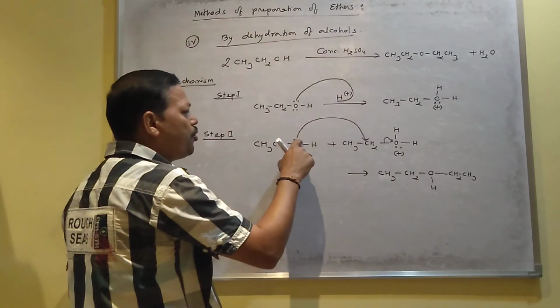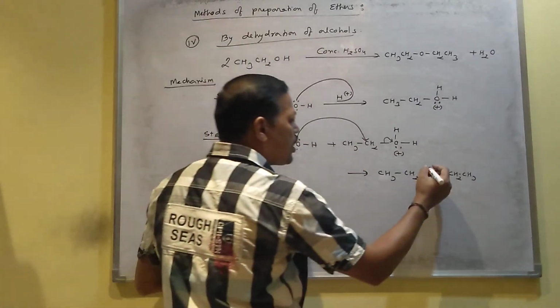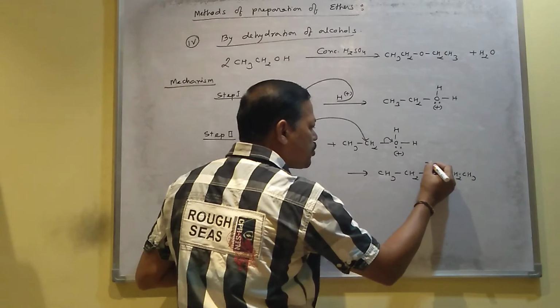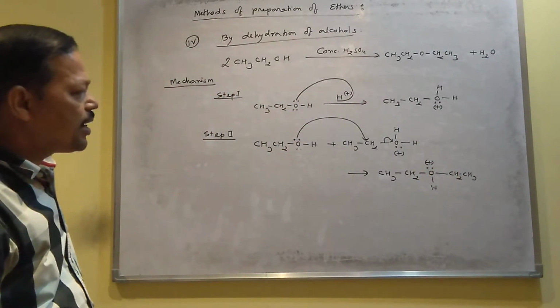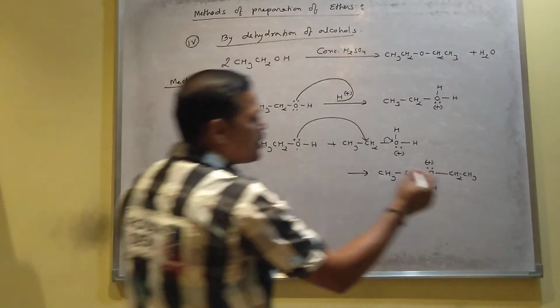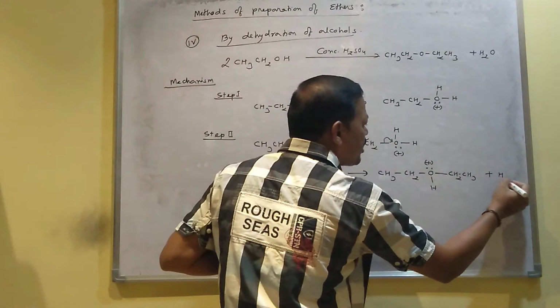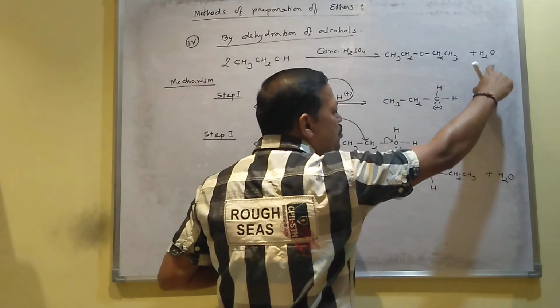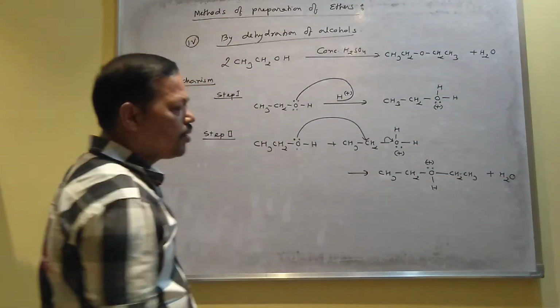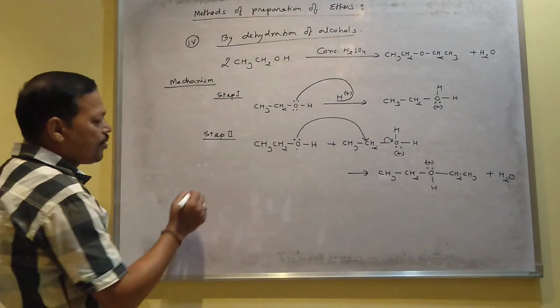Now since this lone pair will produce the bond, one lone pair will be present here, so that's why it becomes positively charged. Again oxygen carries positive charge, and a water molecule is released from it. Actually water is released in this way, as you have written in the reaction that water is released. That water is released through this process.